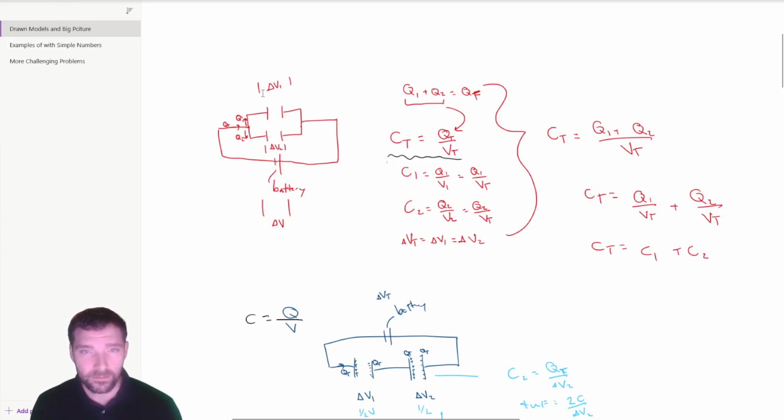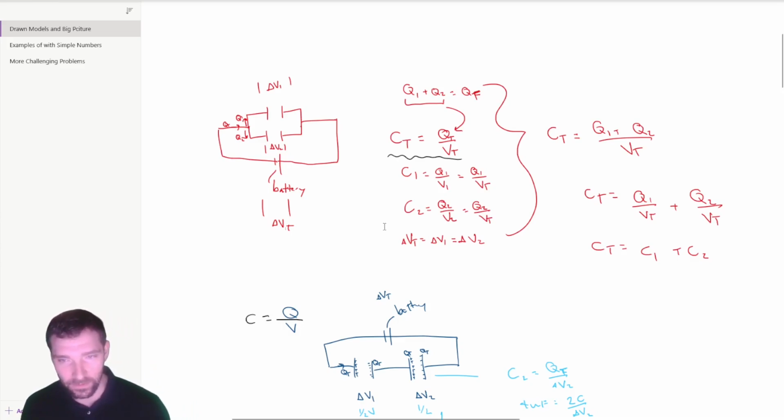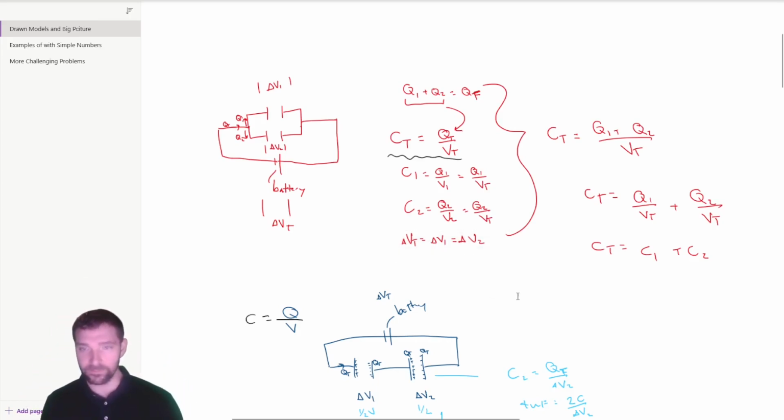In this case, there's a big voltage, the battery's difference between the two sides, so you can think of that as VT. The change in V1 and change in V2 are each equal to VT. So that is kind of like the common denominator.